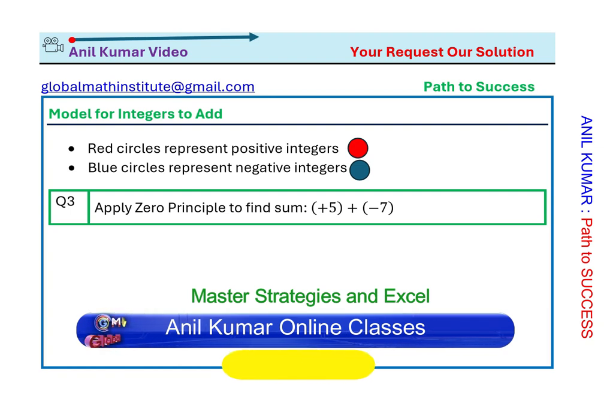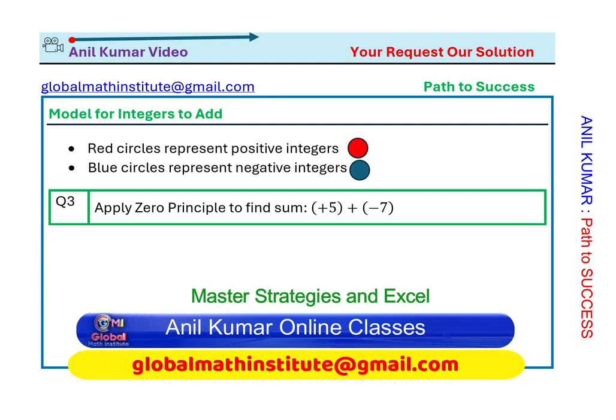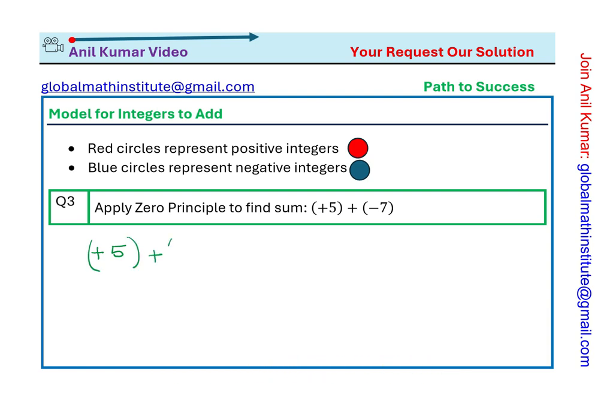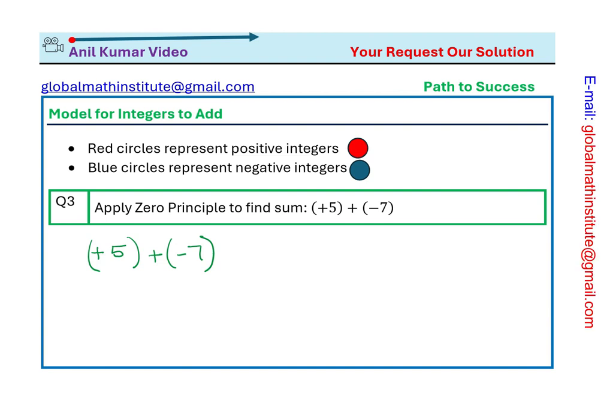The question here is to apply the zero principle to find the sum of these numbers. We need to find the sum of plus 5 and minus 7. With the help of counters, let us do it. In counters, plus 5 really means 5 positive counters, which are the red ones.